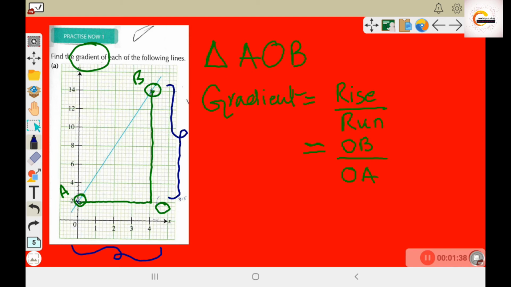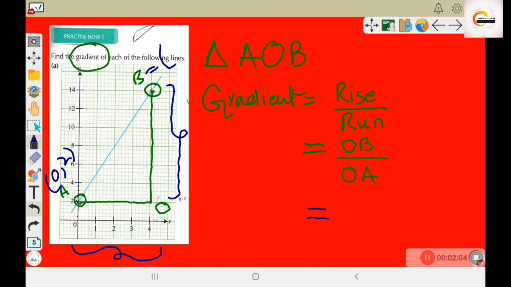How to calculate OB? Simple. We know the coordinates of A, that is 0, because there is a y-intercept, x is 0 and the line cuts the y at 2, and the coordinate of B will be on x.